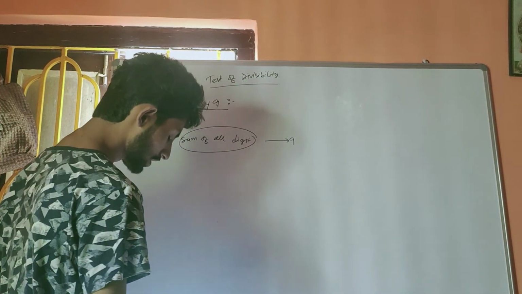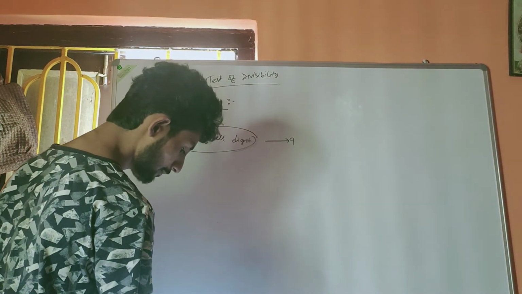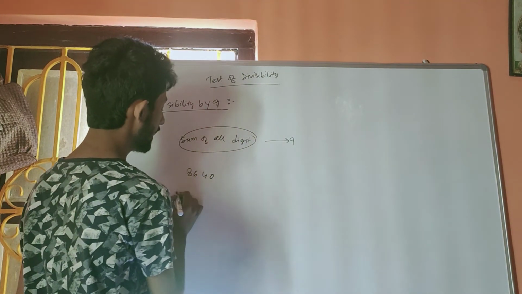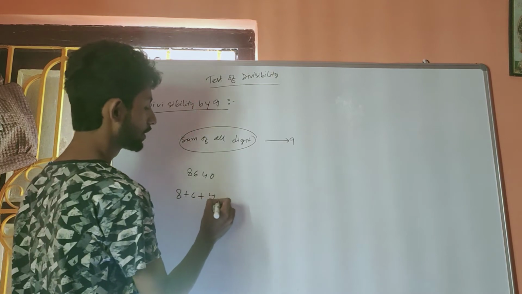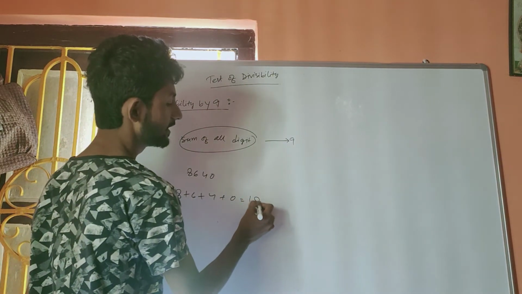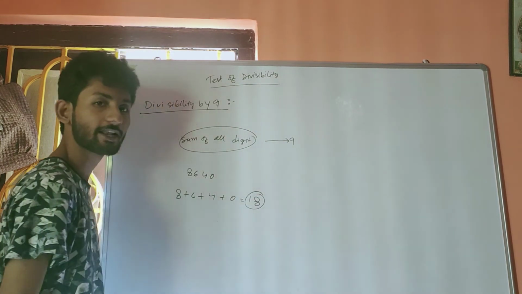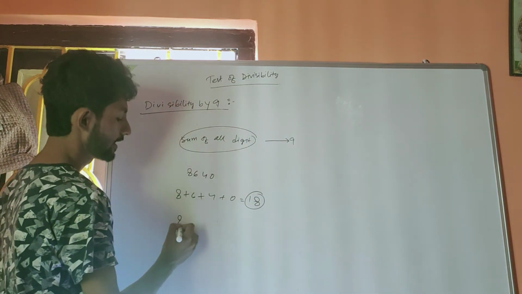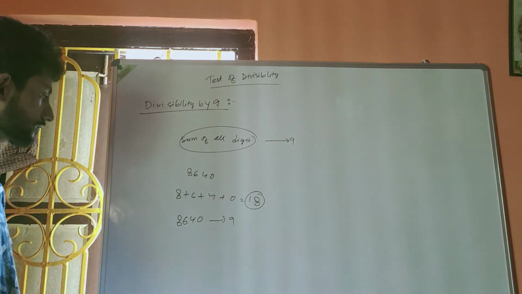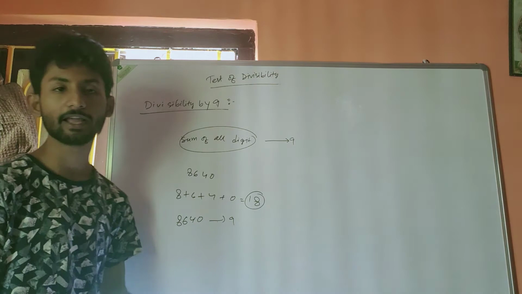Suppose there is a number, suppose 8640. Now we'll add 8 plus 6 plus 4 plus 0, that means 18, and 18 is divisible by 9. So we can say 8640 is divisible by 9.